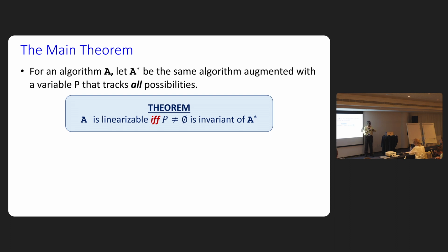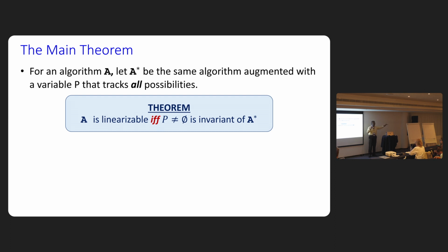A star is the instrumented A. Now I can write invariants for this new algorithm A star. If the simple statement that P is non-empty is an invariant of A star, and if I can show that, then I have shown that their algorithm is linearizable.